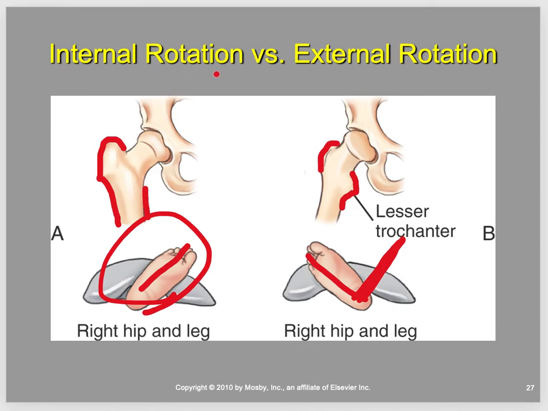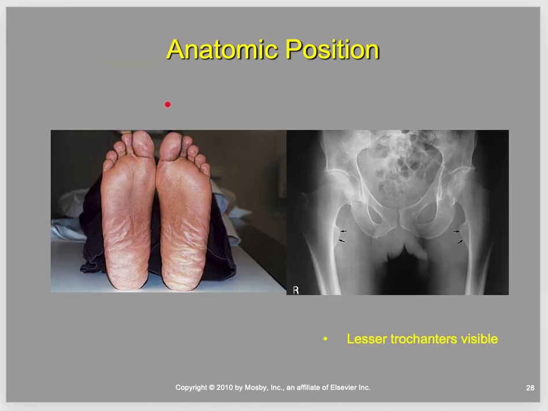So an internal rotation is what we want for the pelvis and the hip, if at all possible, and then the external rotation is something that we want to avoid unless it's labeled on the orders that they want to see an internal and an external. So we're seeing anatomic position, feet in the air. We are seeing our lesser trochanter.